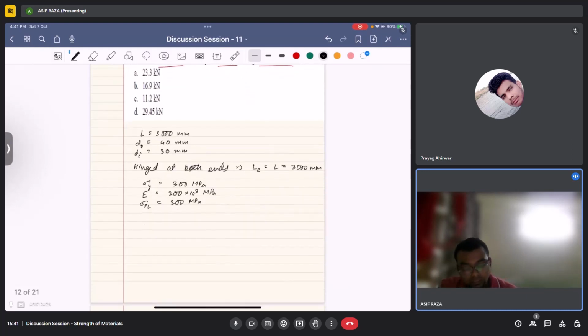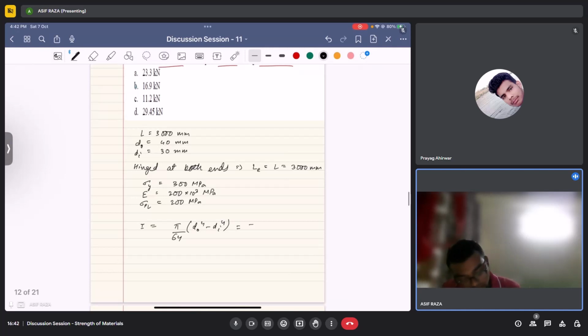So first thing first, to find the Euler buckling load, we need to find moment of inertia, and that can be found by pi by 64 into d naught to the 4 minus di to the 4.